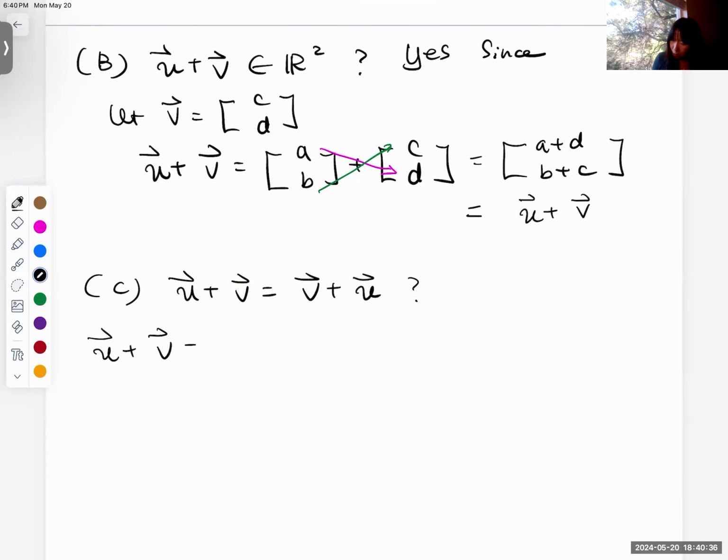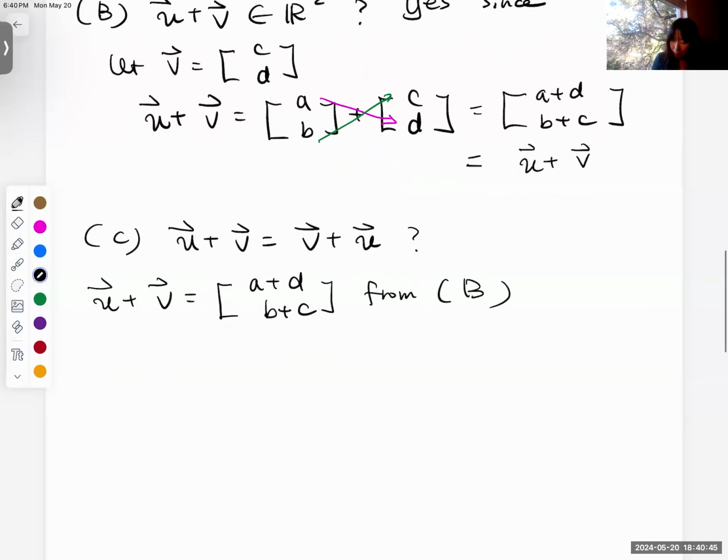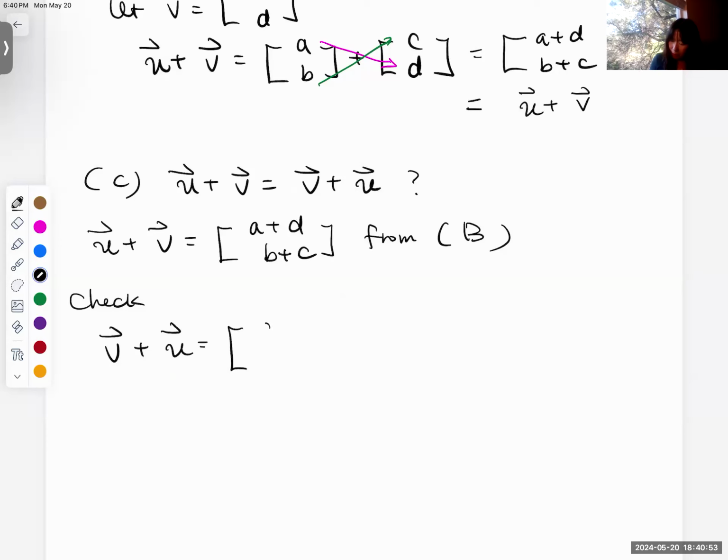U plus V equal to A plus D, B plus C from the second one, right? How about we check V plus U? Okay, V is (C, D) and U is (A, B). We add this way.